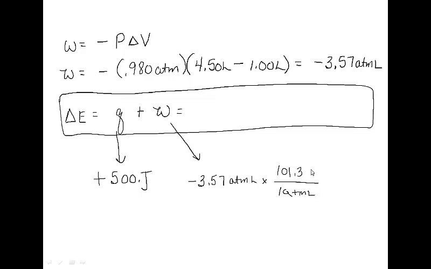Put this into your head. This ratio right here, this is going to be the number one mistake you are going to make. In joules, the system is doing 362 joules of work on the surroundings.